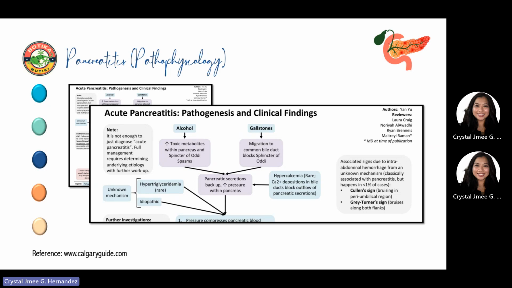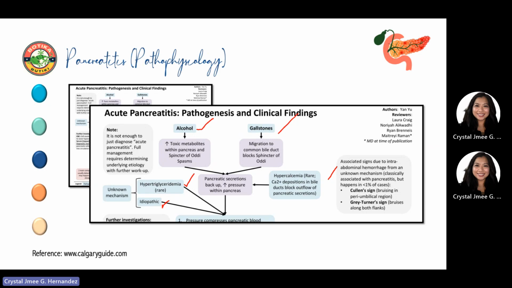Now, there are several etiologies contributing to the development of acute pancreatitis. We have alcohol, gallstones, hypercalcemia, which can also be considered although rare, hypertriglyceridemia, and of course, idiopathic or unknown mechanisms.